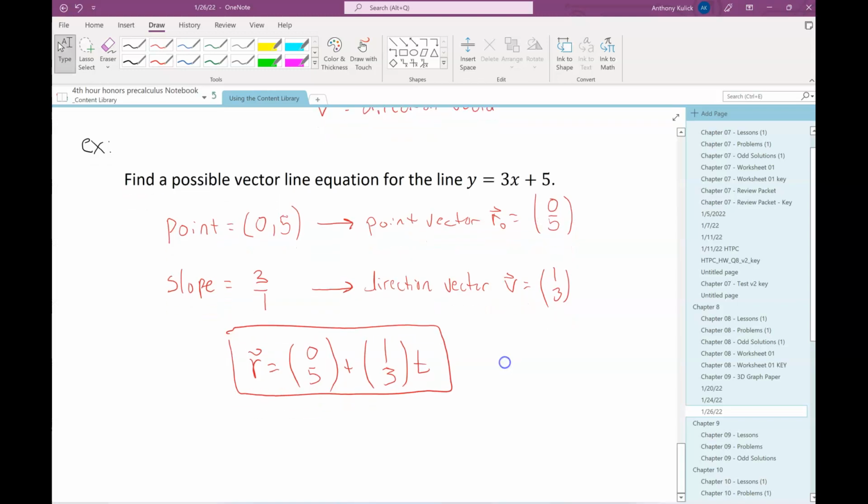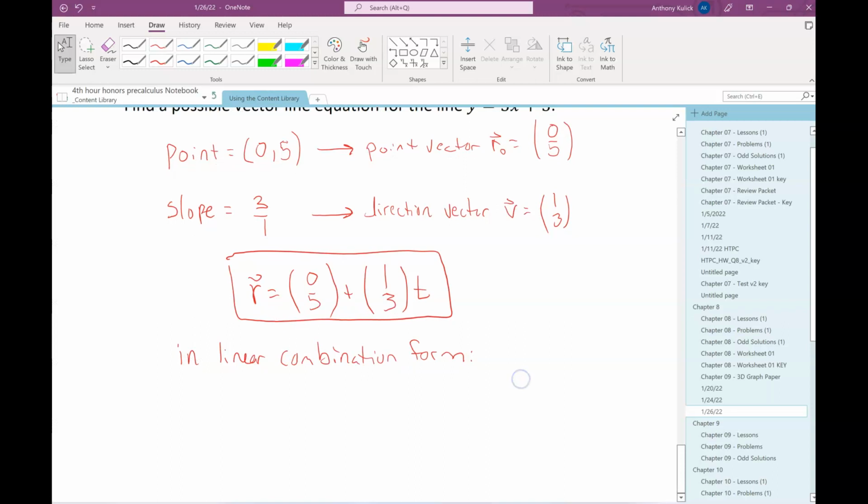What if I asked you to write this in linear combination form? Who remembers what linear combination form is? It's the one with the i and the j vectors in it. Does that ring a bell?